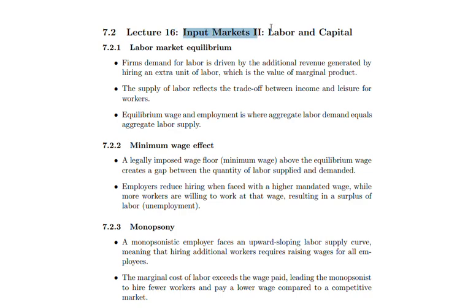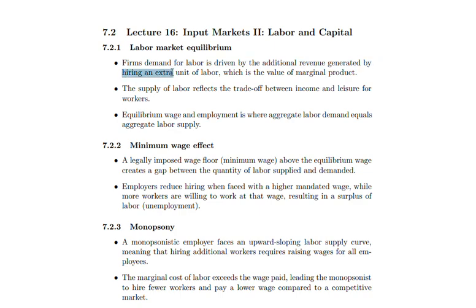Okay, so what is labor market equilibrium? First, demand for labor is driven by the additional revenue generated by hiring an extra unit of labor, which is the value of marginal product.